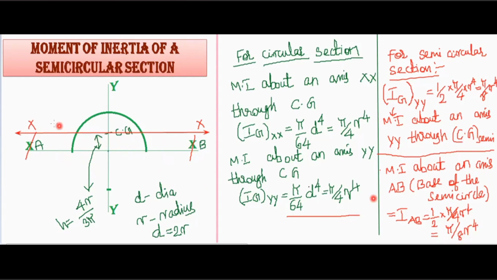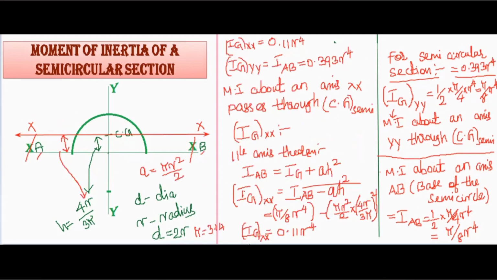Now, the only thing is, we have to calculate the new XX axis passing through the center of gravity of the semicircle. For that, first we had taken the moment of inertia about an axis XX. This is the final answer of what we discussed.